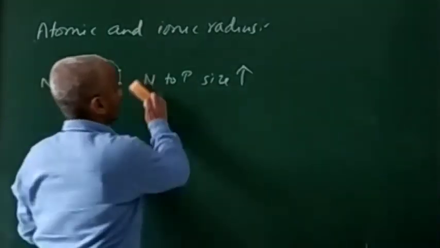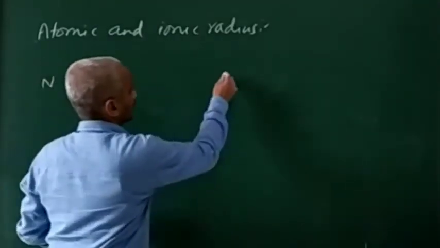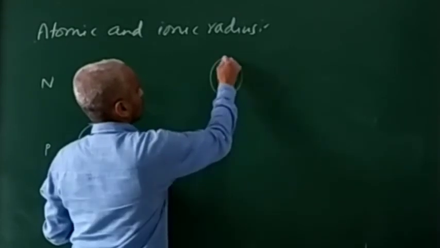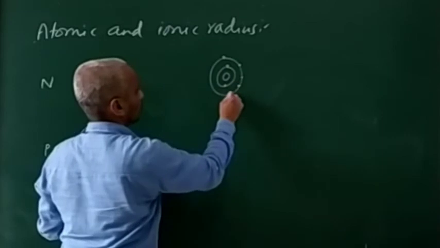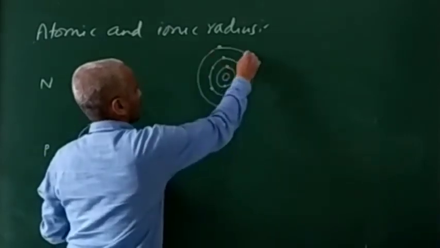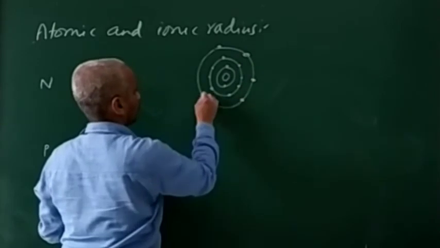Now, take this example. This is phosphorus: 1s2, 2s2, 2p6, 3s2, 3p1, 3p2, 3p3.